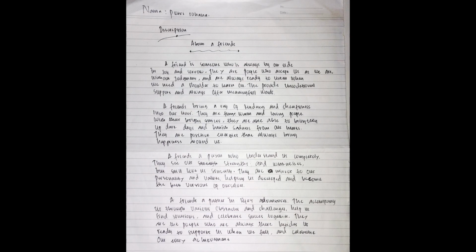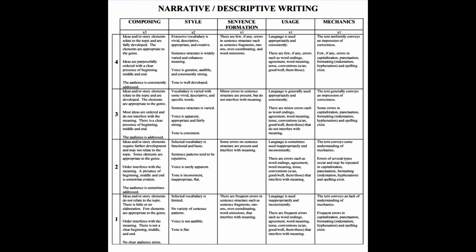The last aspect is writing, and here I chose Putri Rohana as the sample to carry out a writing test. The type of text that Putri Rohana wrote is a descriptive text that explains about friends. The writing score rubric is specifically focused on a narrative or a descriptive text.